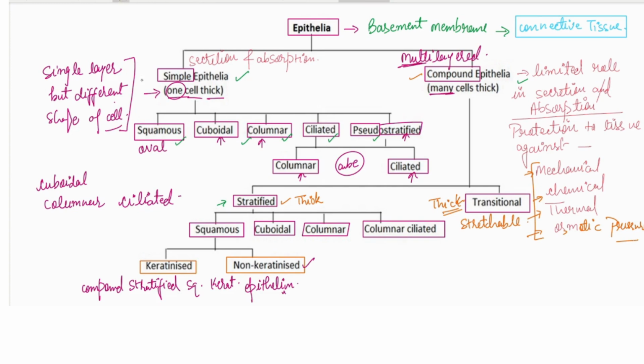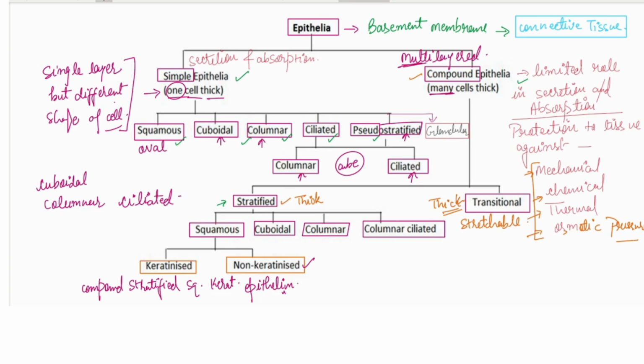I am adding the next point, the glandular epithelium. Glandular epithelium also would be there.